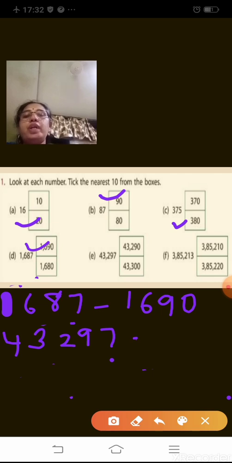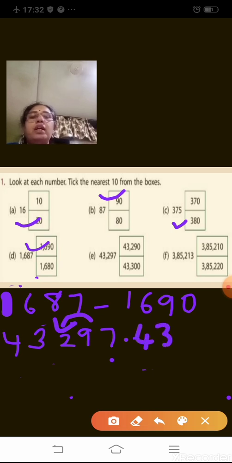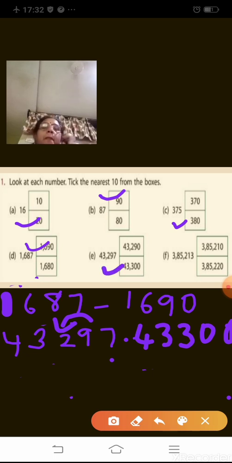So what you do is you add 1 to the next digit. So when you are rounding off the number, your number becomes 433. 9 plus 1 was 10, so 0. And again in the ones place it is 0. So your option is 43,300.